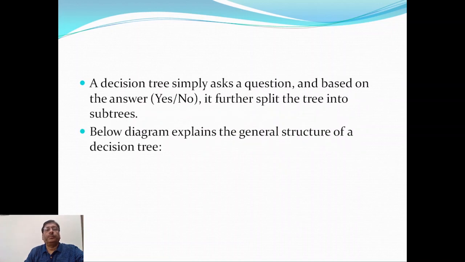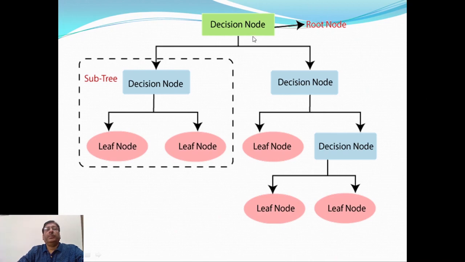A decision tree, as we said, simply asks a question, and based on the answer that we provide, which can be yes or no, it further splits the tree into subtrees. The diagram below explains the general structure of a decision tree. So it can be something like this. You will have a decision node on the top, which you can also call the root node.